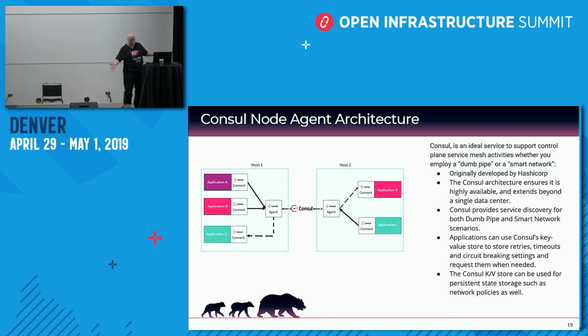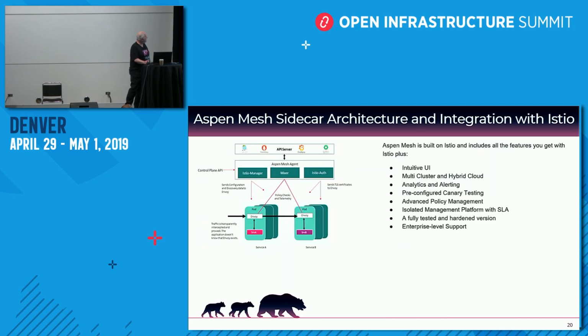But it's on a subscription basis, per node within the service meshing capability. Aspen Mesh took advantage of Istio underlying. You'll notice that the underlying data and control planes look very mysteriously like Istio.